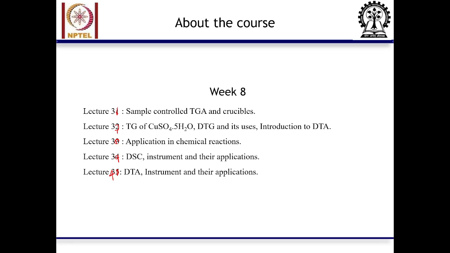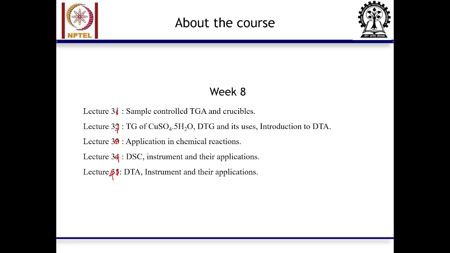What do I mean by sample control in TGA? It means how the amount of sample can help you to get a proper TG curve. Suppose we are seeing a faster change in mass, we have to slow the heating rate. If we are seeing a smaller change in mass, we have to speed up the heating rate, like that. And in this lecture, we discussed different types of crucible, like the alumina crucible.